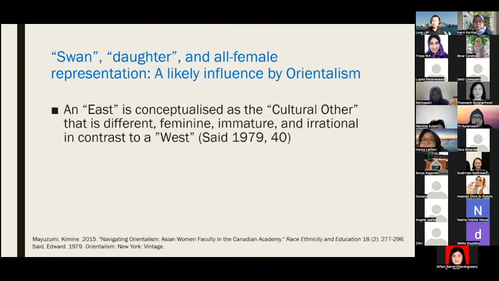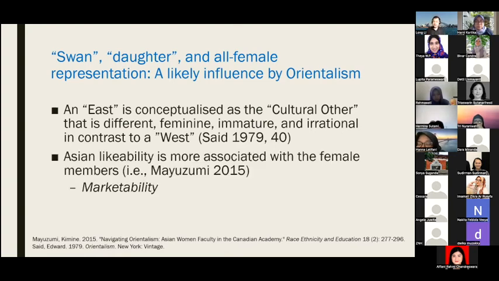So that's a prevalent ideology in the West, conceptualizing an East that is different, feminine, immature, and irrational, in contrast to a West that is everything but. And importantly, while the East is considered to be different and other, Asian likability is more associated with the female members.